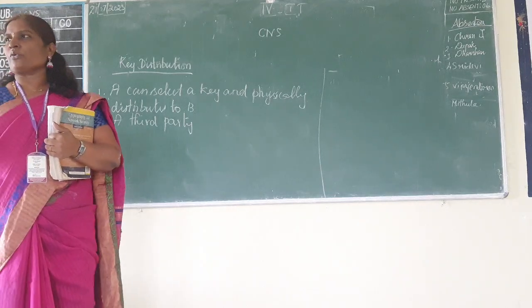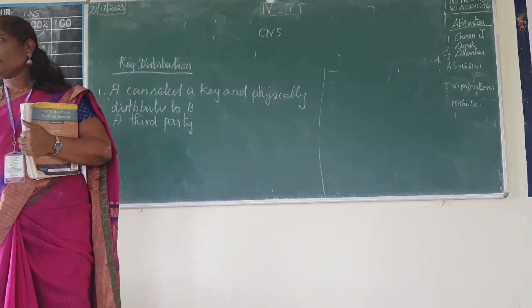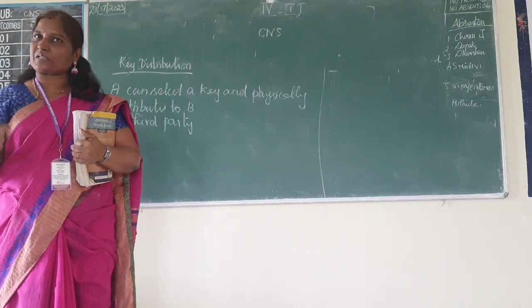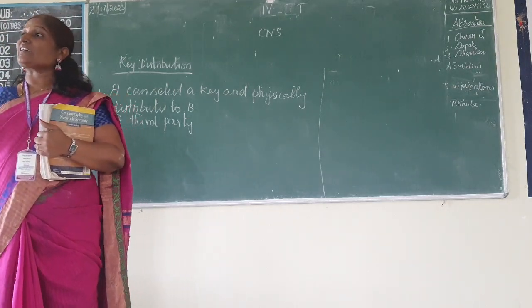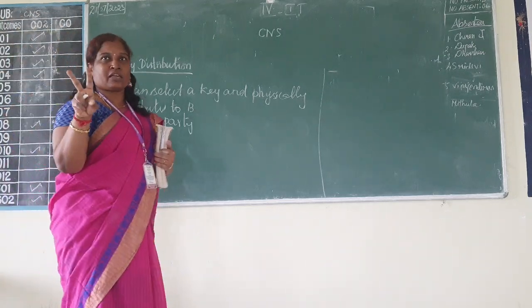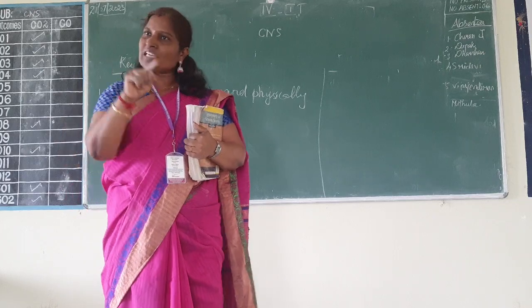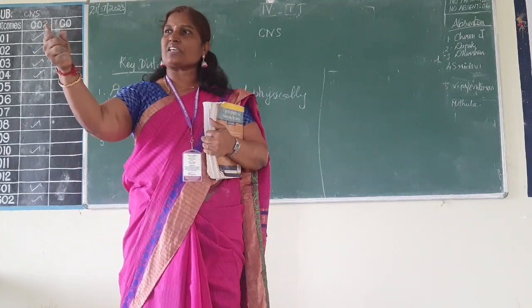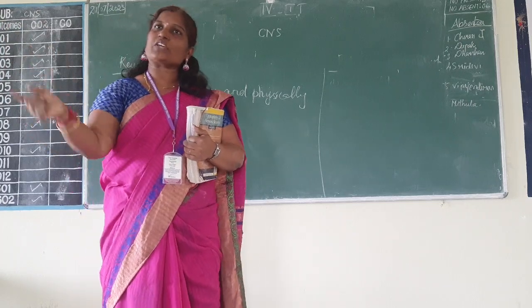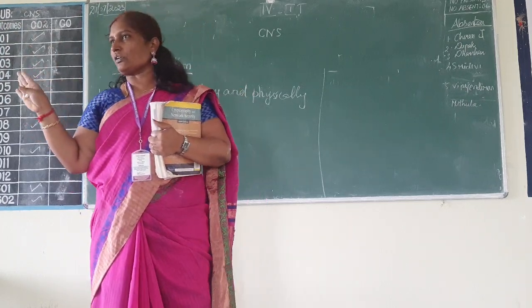Already they are in the communication, they have used some key. Using the old key, now the new key can be encrypted. The key can be sent in an encrypted manner because both of them have the old key. Using the old key, he will be encrypting and sending the new key. Similarly, the recipient will be decrypting the new key by using the old key. It's clear or no?